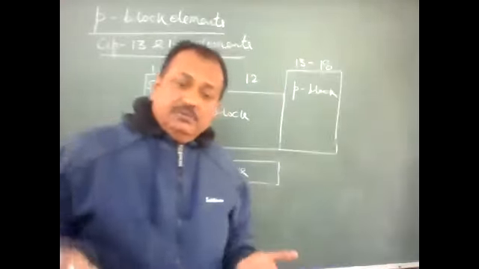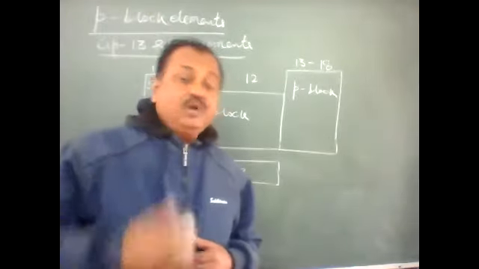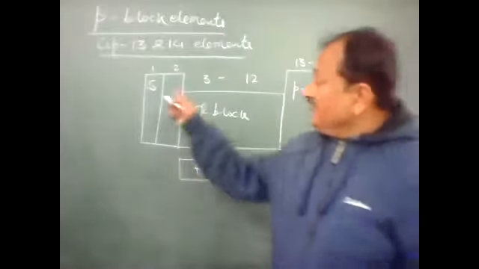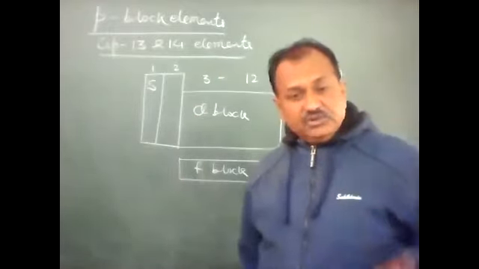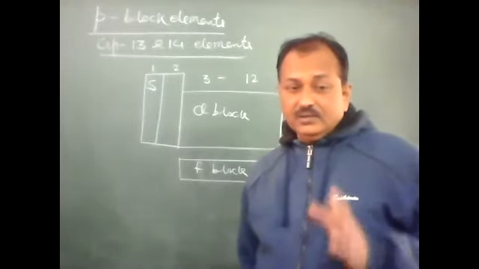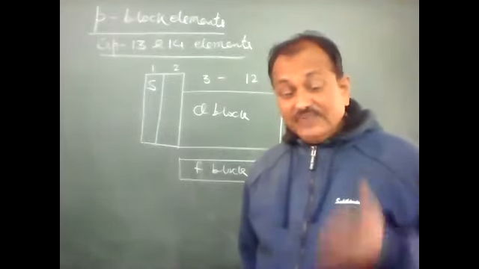Now, some more points, which you have already seen in class 10. What is an S block element? An element is said to be S block when the last electron goes to the S orbital, the ultimate orbital, the valence shell.